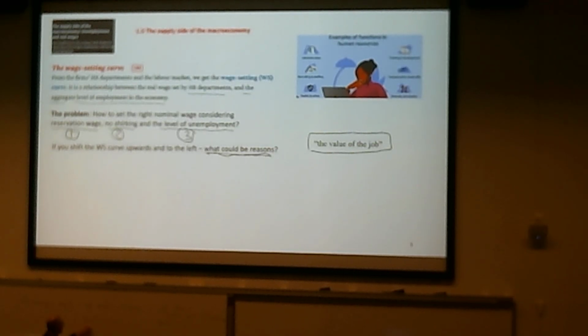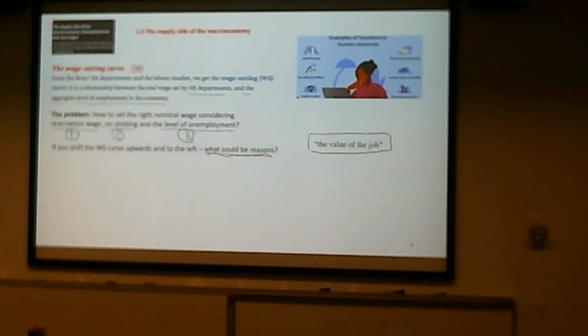So what are typically the benefits of a job? It's your salary. What's the cost? Well, it could have been nicer to have free time, and you have to make an effort in the job. What are the benefits of the next best alternative? It's typically unemployment benefits. What's the cost? It's the kind of stigma of being unemployed.